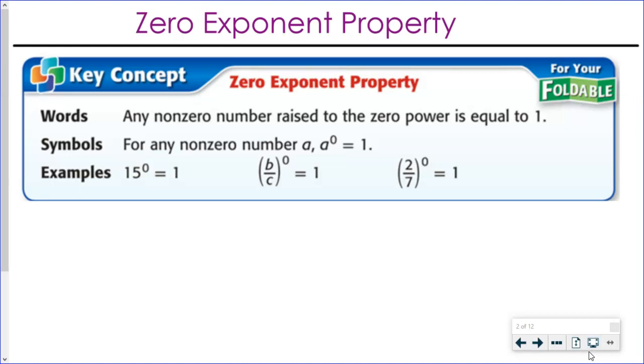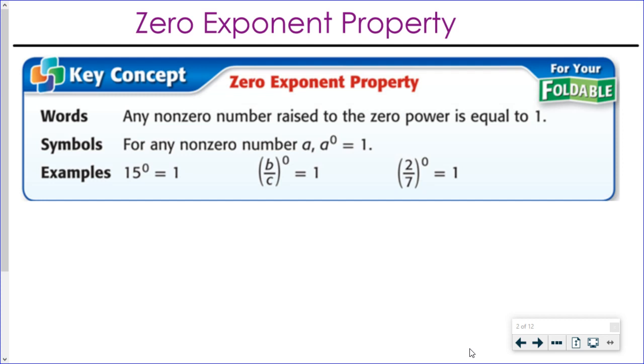Hey, good morning, everybody. So we are kind of finishing up this whole exponent stuff before we take it and use it a little more. So today we're talking zero exponent property and negatives. We've already discussed the zero property.